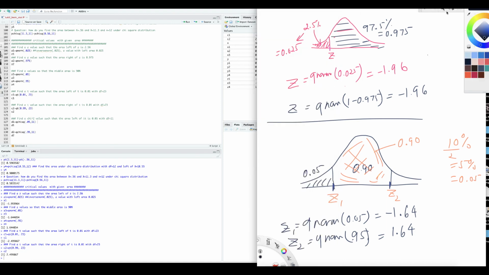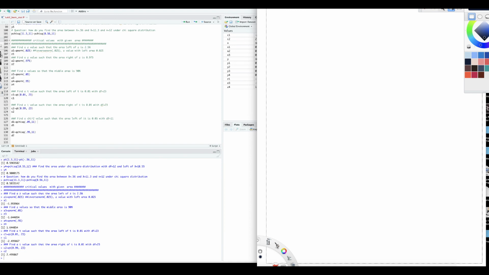Let me show you for the chi-square. Suppose the left area is given as 0.05 and you want to find the chi-square left value.